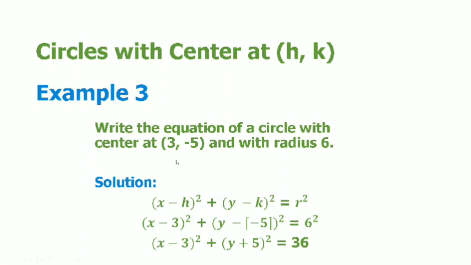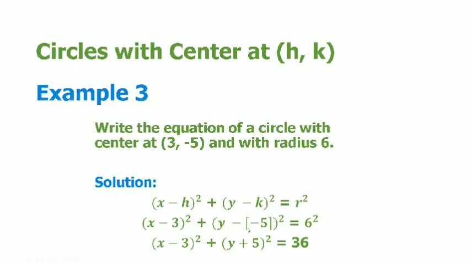Substitute the value of h, which is 3. So we have now x minus 3. And then the value of k, which is -5. That's why we have y minus -5. And then the value of r is 6. So we have here 6 for the value of r.